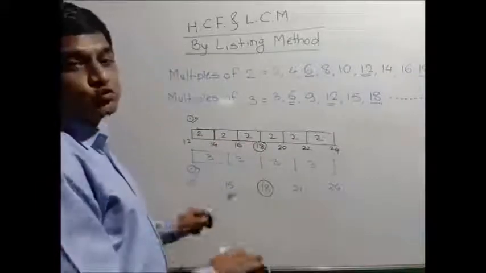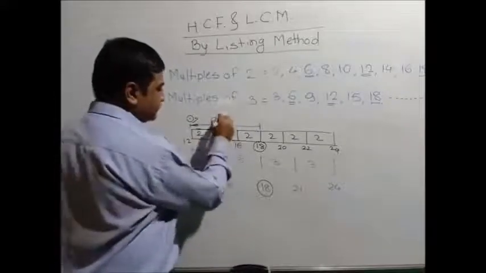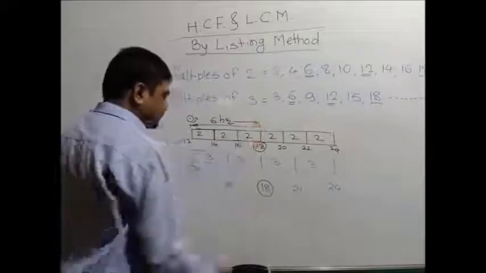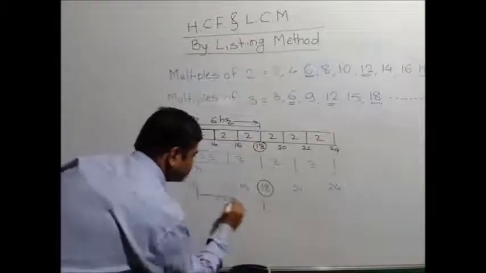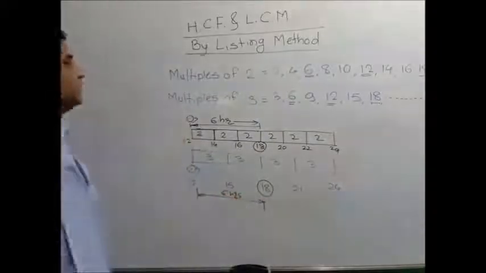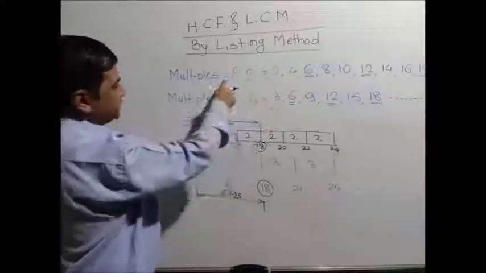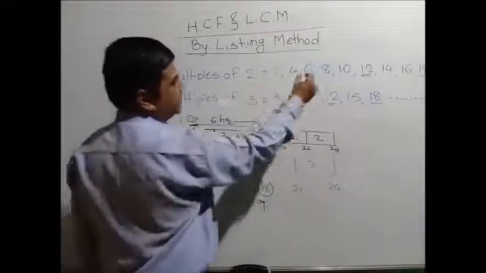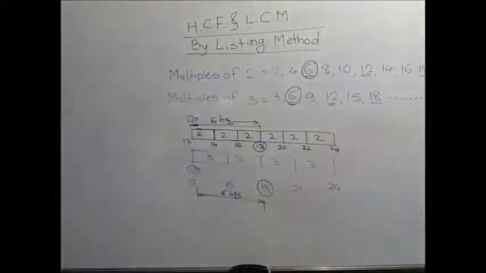But how to do this mathematically? Well, you can see 2 plus 2 plus 2 will be 6 hours, this time gap, and 3 plus 3 is 6 hours again. And what we have found is that the least common multiple of 2 and 3 is nothing but 6.